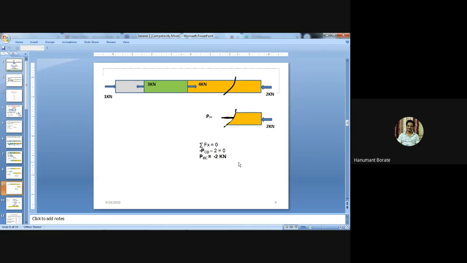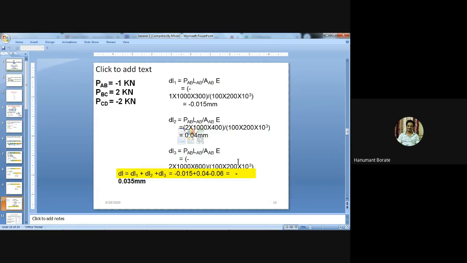So in this way, first we need to find the internal forces in the system, then we need to find the deformation of each member by using the equation delta L equal to PL by AE. Now here I have calculated delta L1, delta L2 and delta L3.